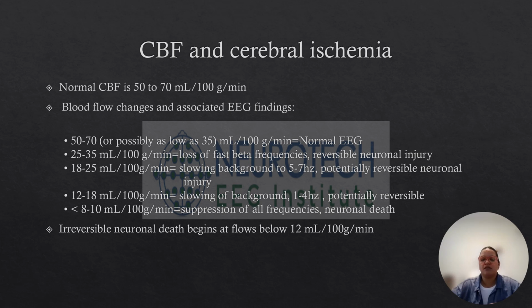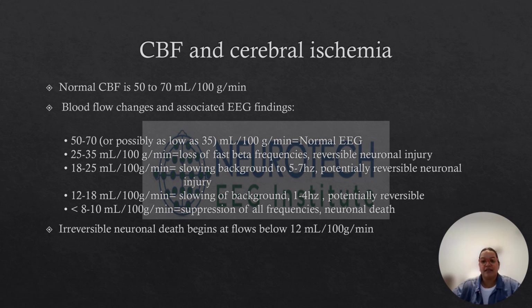And the cerebral blood flow and cerebral ischemia, it is very important that you memorize this. Don't try to understand it, just memorize at what blood flow the damage is reversible, potentially reversible, or irreversible. So the normal would be 50 to 70 milliliters per 100 grams per minute.